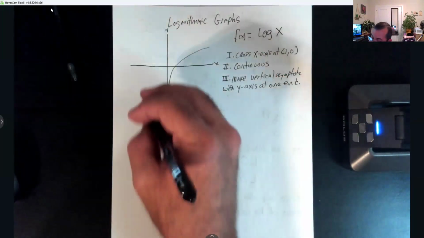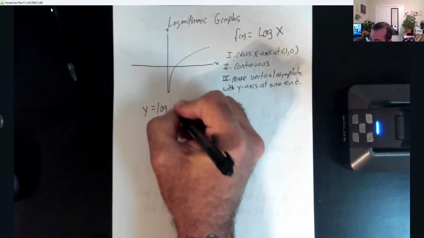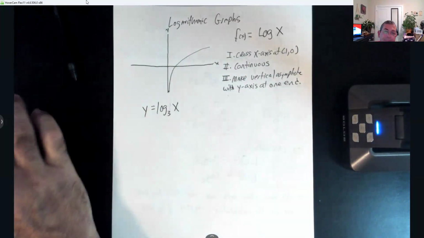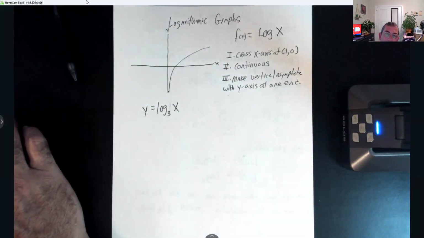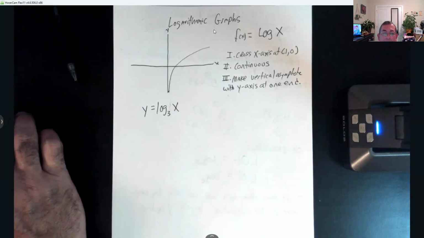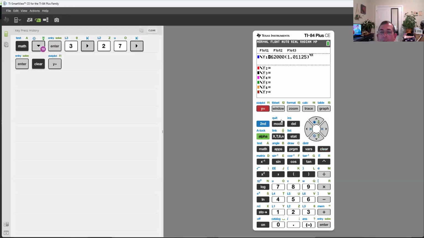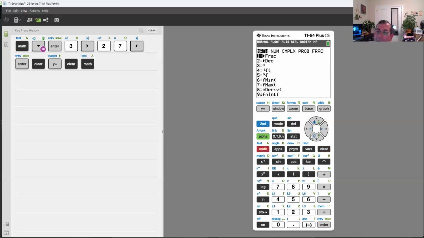So, y'all, they're just going to have you graph stuff like y equals log base 3 of x. Okay, so you would go into your calculator, go to y equals. So log base 3 of x, since that's got a base, I'm going to hit math and go down and get my log base. Hit enter.